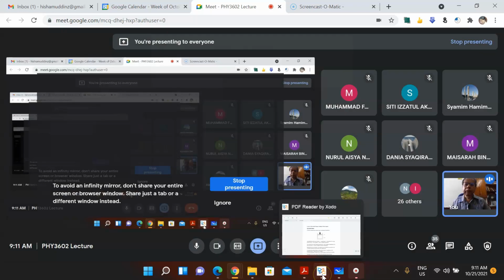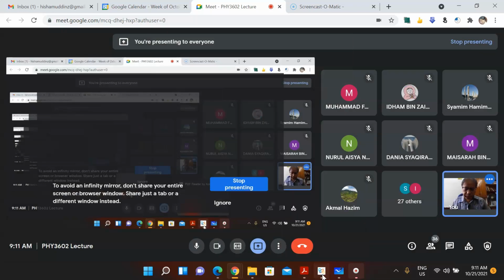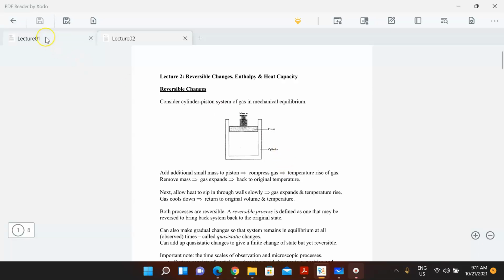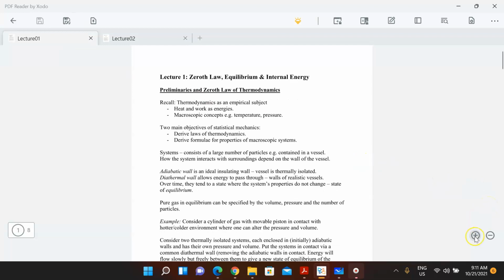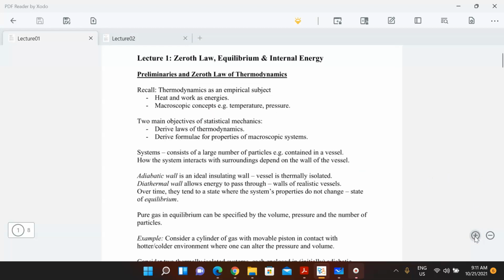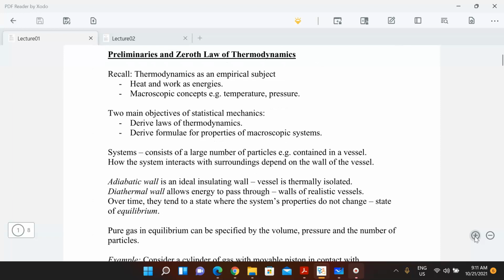Let me just go to the notes. Let me enlarge this. Can you see the notes? Okay, I've updated the notes for the first lecture. Why is it not moving?